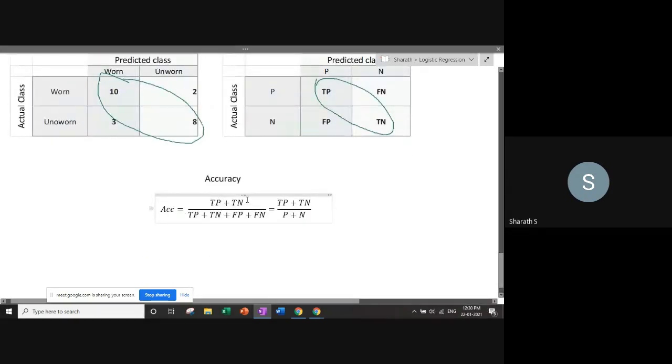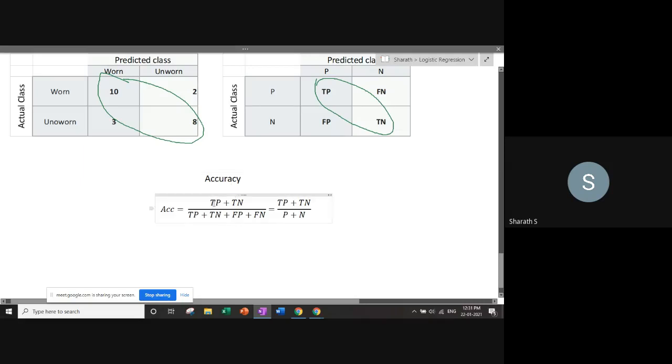So accuracy can be arrived at from the confusion matrix with this formula, with the numerator of true positive and true negative. So whatever was true versus the overall predictions. What is the overall number of predictions? This TP plus TN plus FP plus FN is the total number of experiments that you did, or the total set of data that you have.